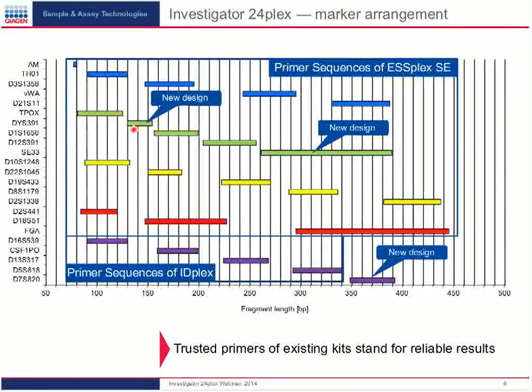So this is not present in ESSplex SE or IDplex. We designed new primers for SE33. This had the reason to fix discordant results that showed up in ESSplex SE. And the third primer is for D7 because otherwise there was no space available for the D7 marker.